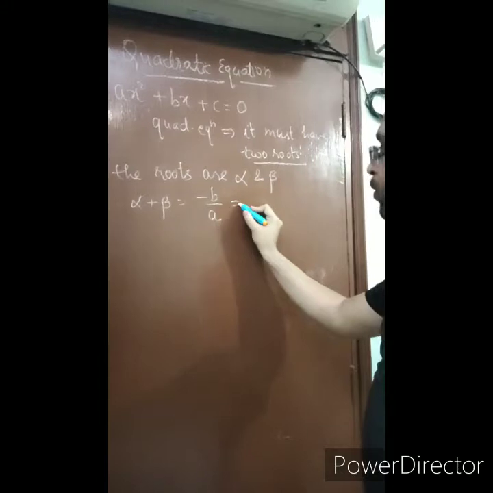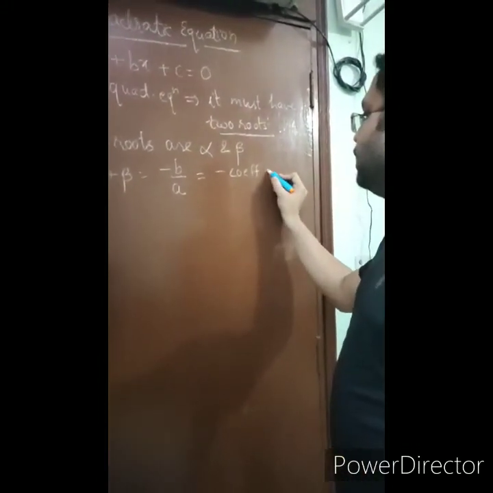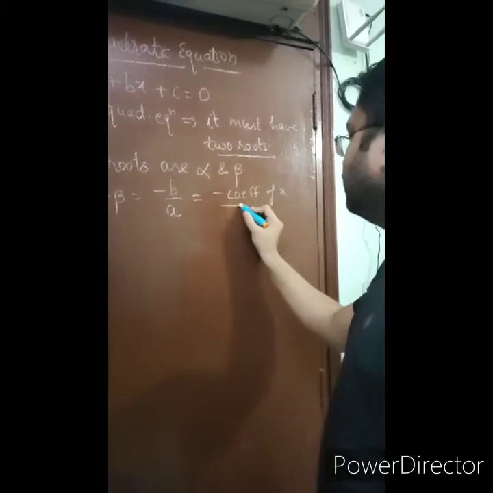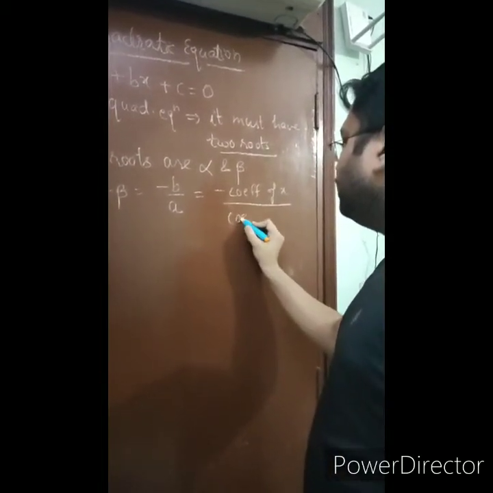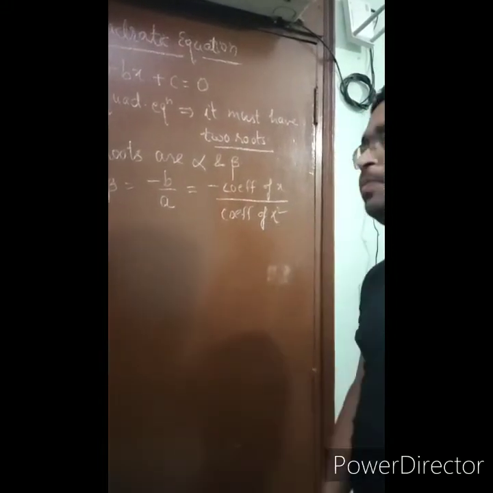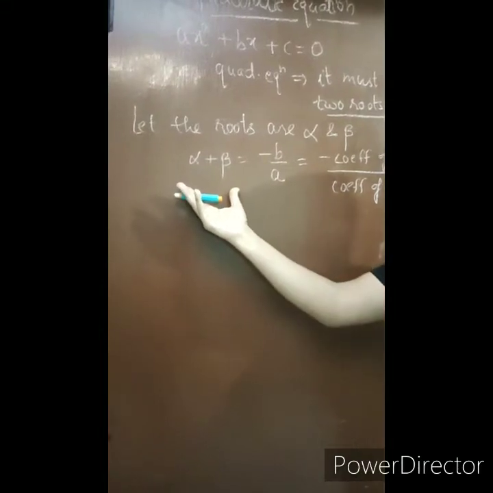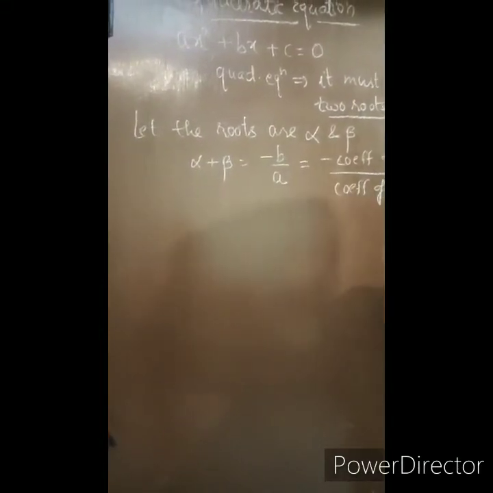In other words, we can say minus coefficient of x divided by coefficient of x square. Alpha plus beta equals to minus b by a. Alpha plus beta is called the sum of the roots.